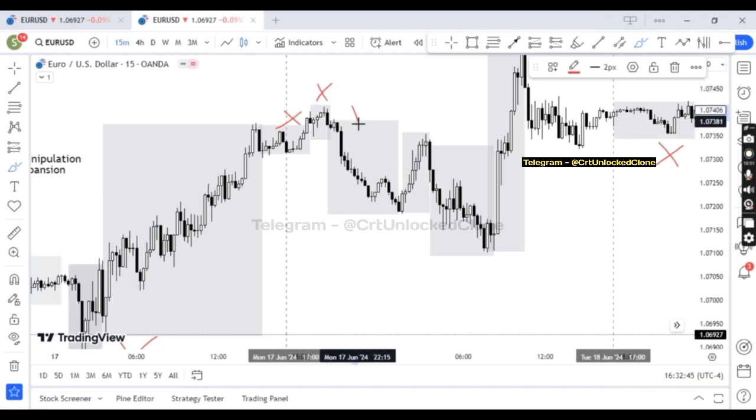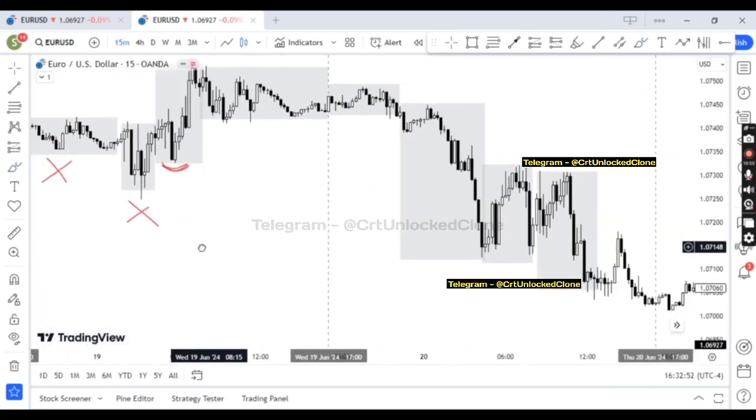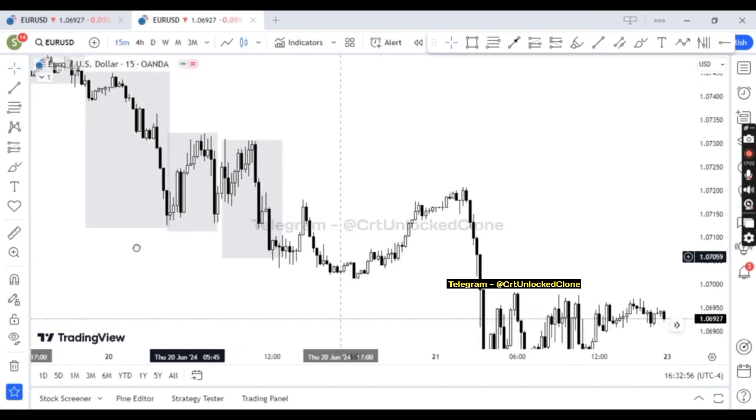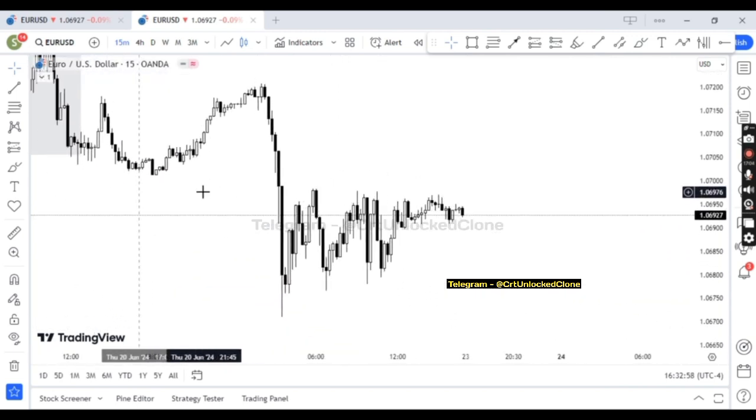Only the expansion profile and the reversal profile from here. This is how you use market profiles with opening times to expect certain expansions or to avoid certain market conditions or certain market profiles based on past market profiles.